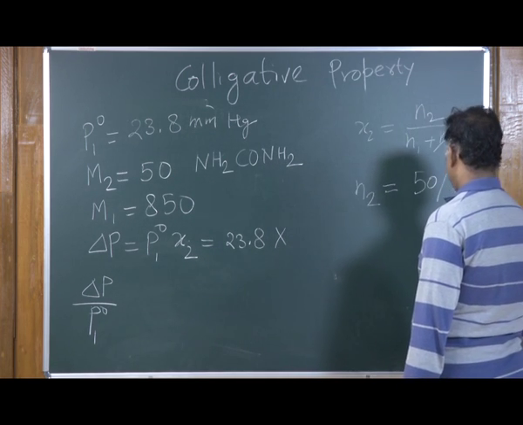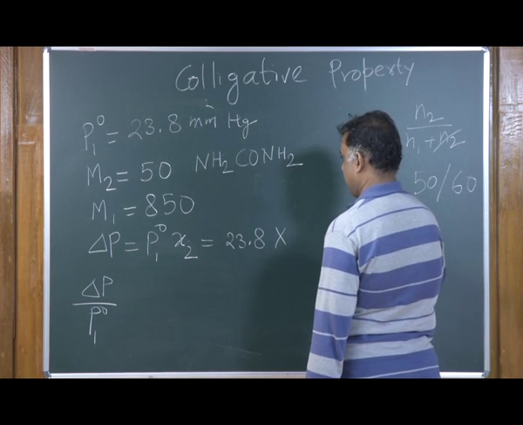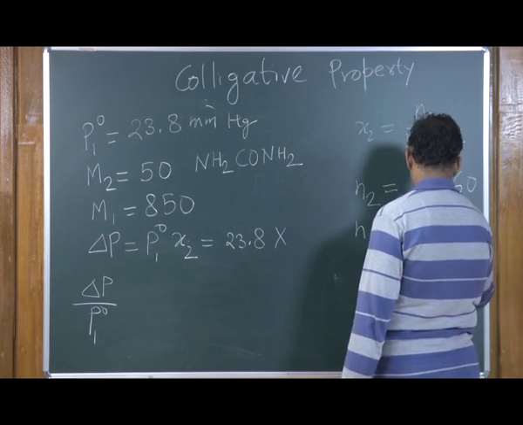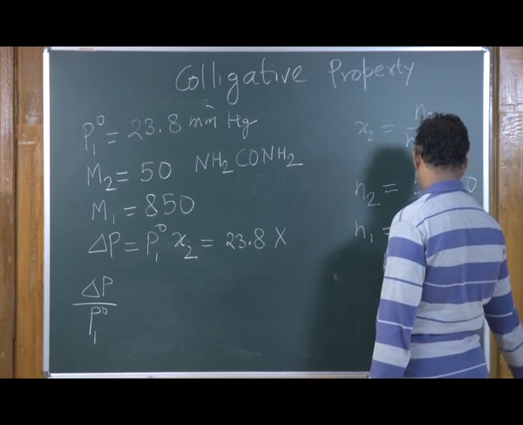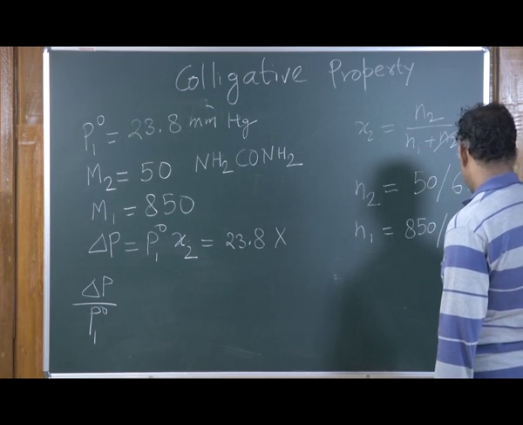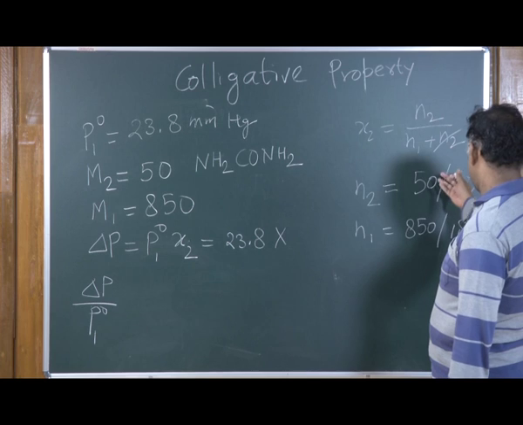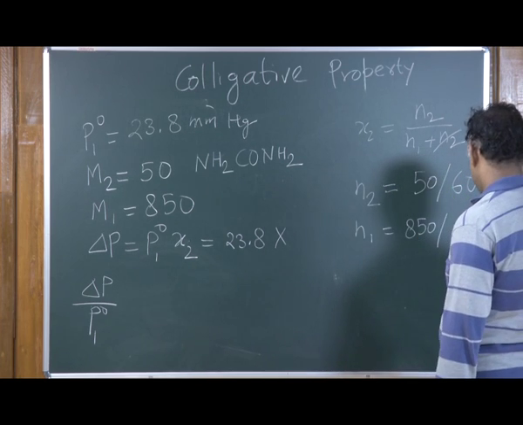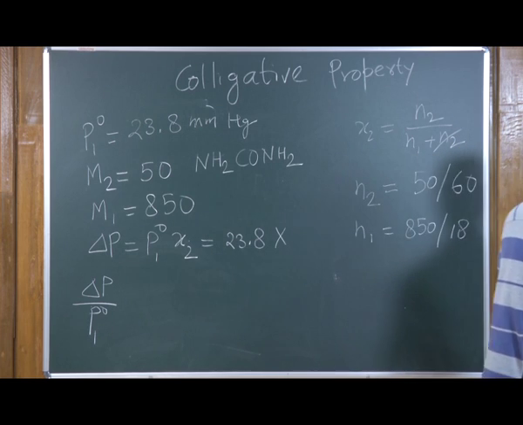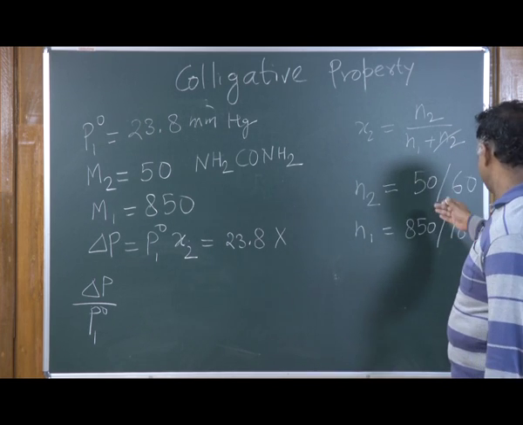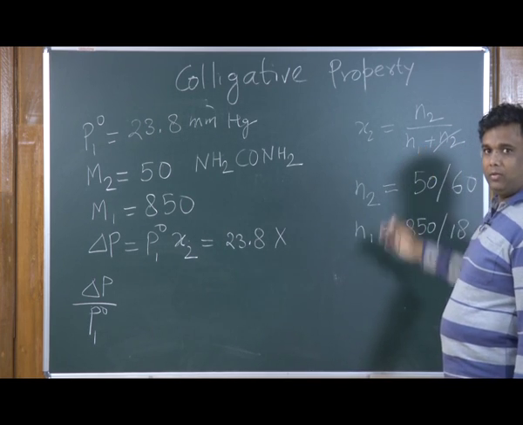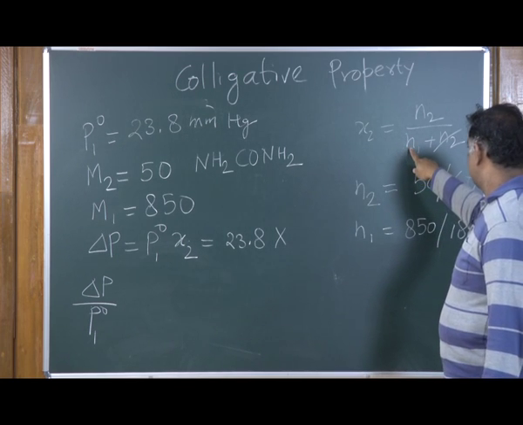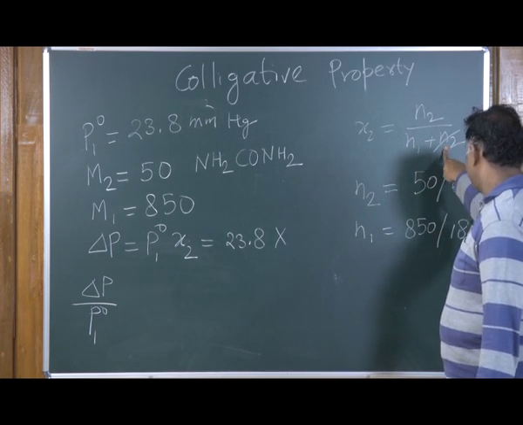Okay. And n 1, we have 850 divided by 18. So, you can see that this is approximately of order 1 and this is approximately of order 50. So, if I ignore n 2 with respect to n 1, I am ignoring a quantity 1 with respect to 50.